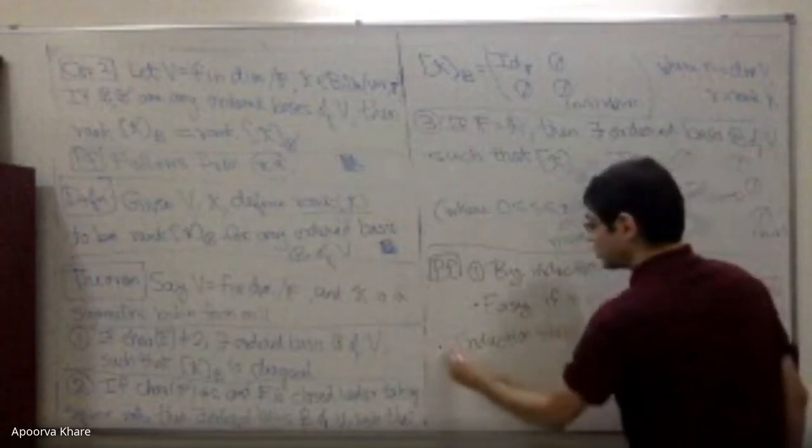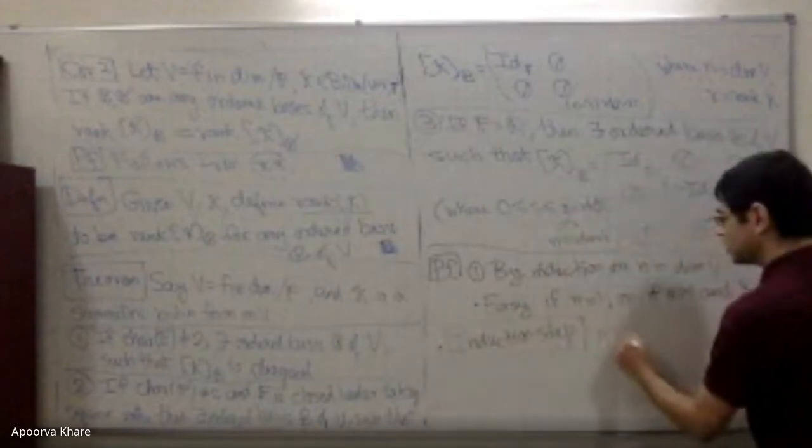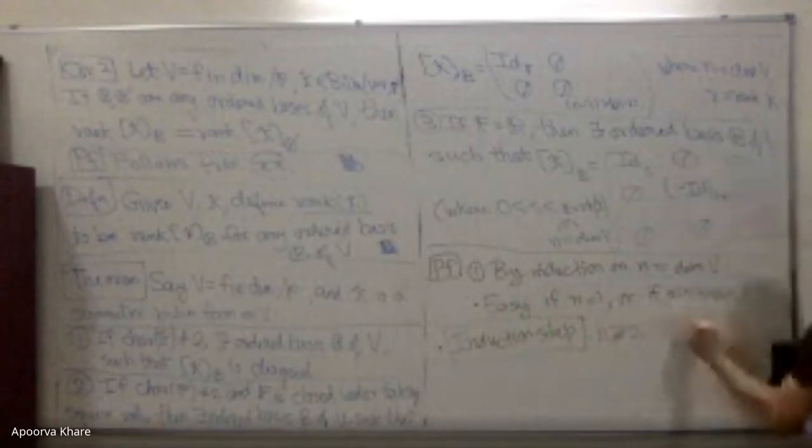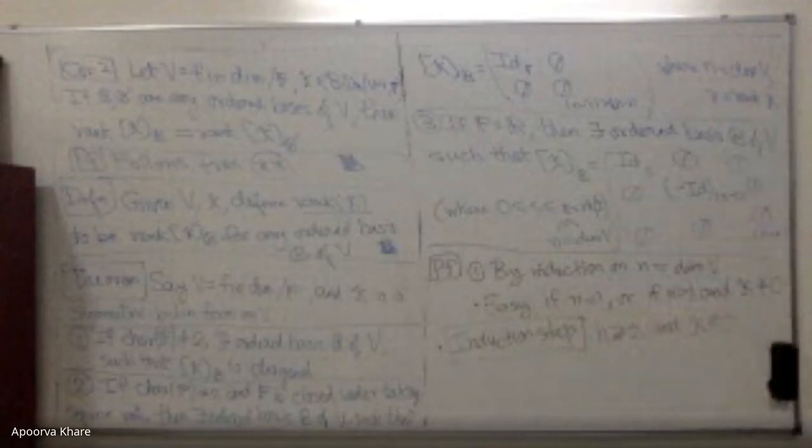So now we may assume, first of all, that n is bigger than or equal to 2, and that kappa is non-zero. So now you can assume these things. Okay, great. So what does kappa non-zero mean?